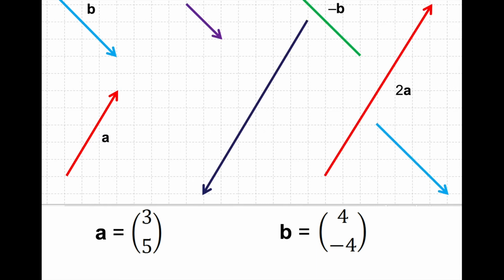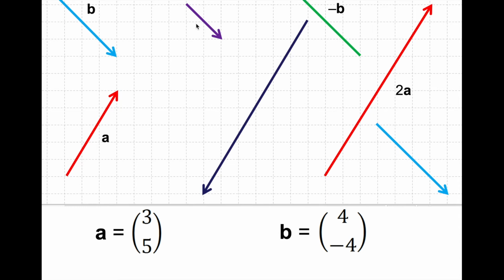Then this vector here is equal to 2 times vector a, because we have 3 units to the right and 10 units up. Same thing with this. This is the opposite of vector b, so you write negative b.